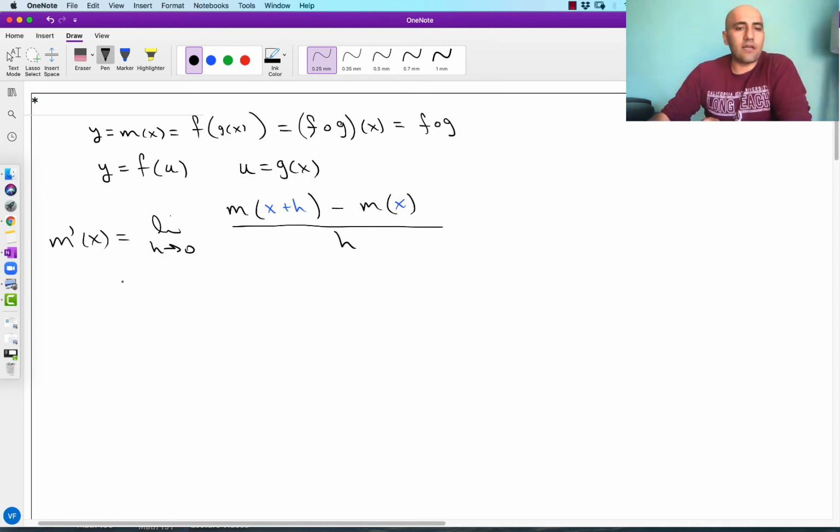Going back to basics of what that definition is for a derivative. The derivative is going to be equal to this.